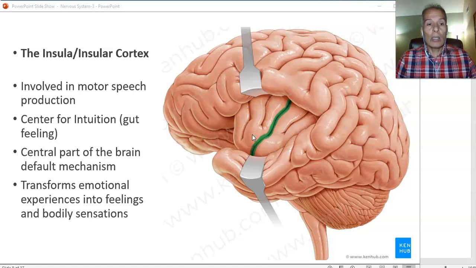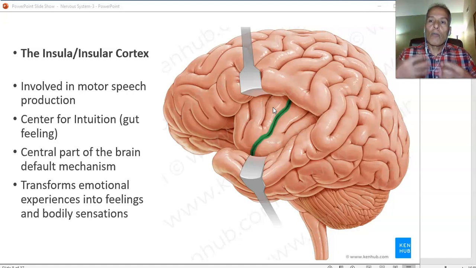It is a center for translating our emotions that we are not aware of, converting them into conscious emotions. Conscious emotions that you consciously feel, we call them feelings.